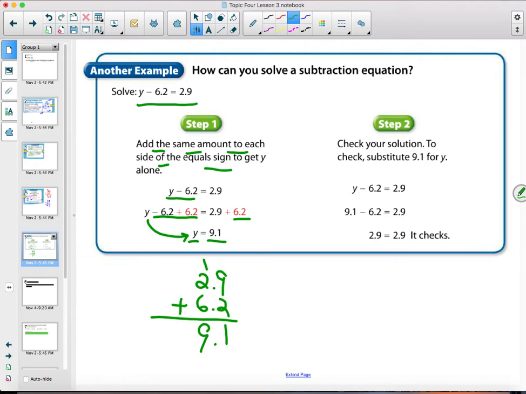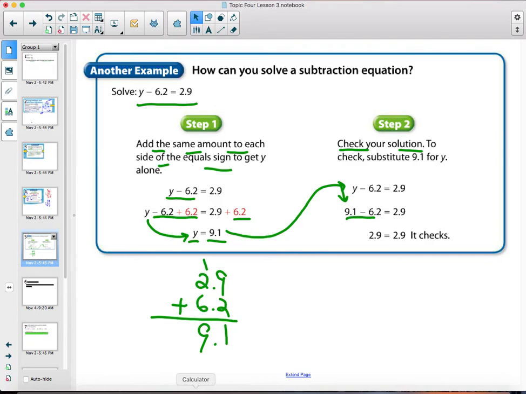And then of course we want to check our work, so we'll use substitution, and the value of y will be substituted for the 9 1/10, and then you can do the subtraction again. If you have your calculator handy, you can just bring your calculator up.